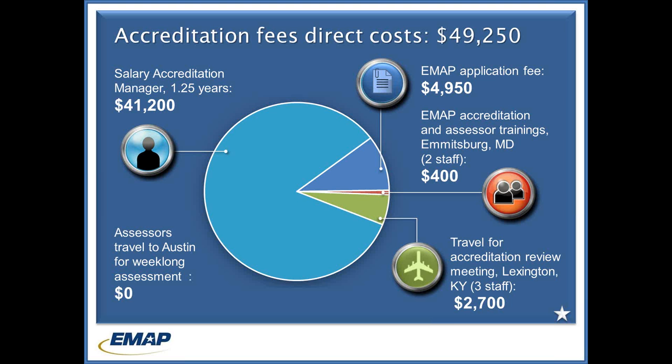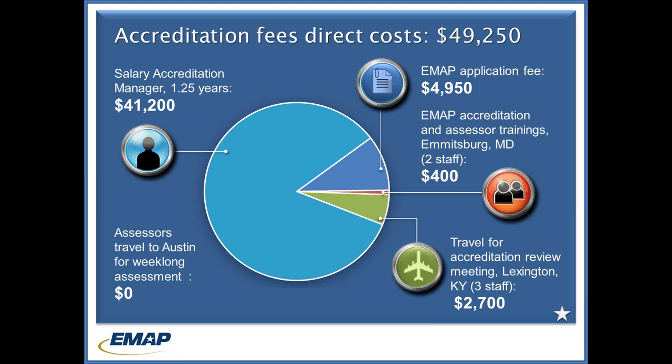Additionally, if you see, we sent our assessors to week-long assessment training up at Emmitsburg, but that didn't cost us anything other than the meals. It was about $400 for meals for that period of time for 2 staff members.